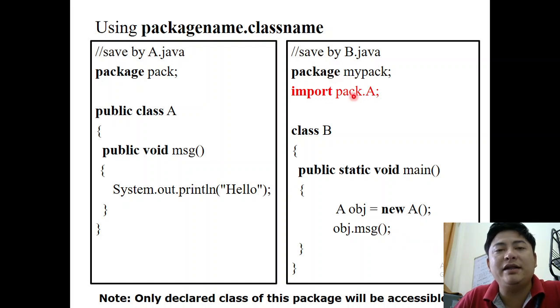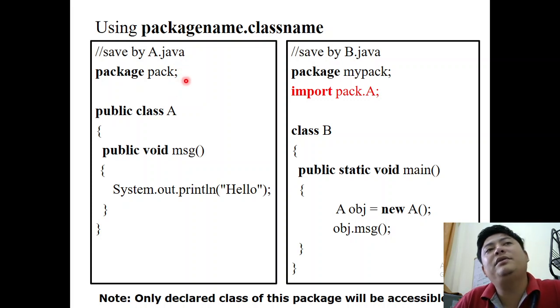So this is another way of using the package. Here there is a limitation that you will be allowed to use only the methods of class A. If there is more than one class inside the package and you want to access all of them, then you have to use the star.